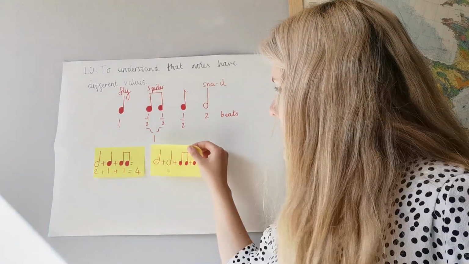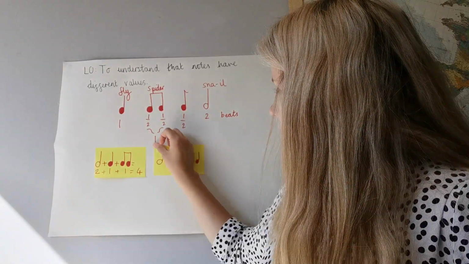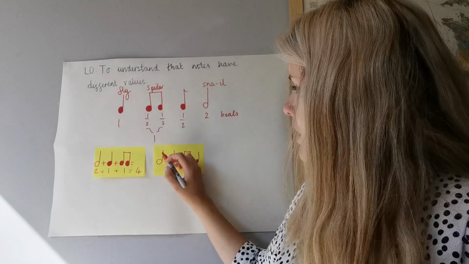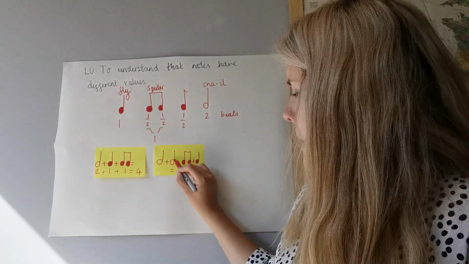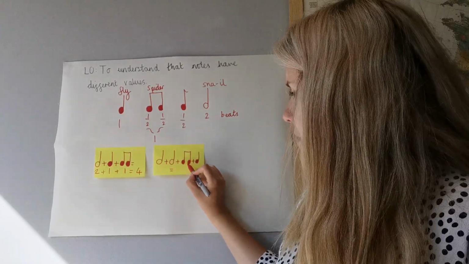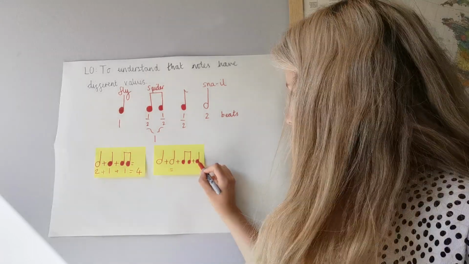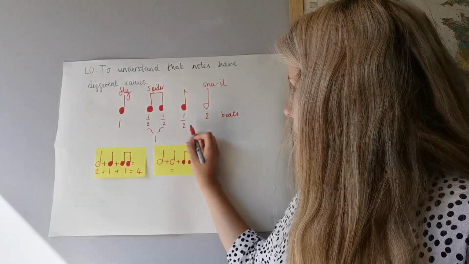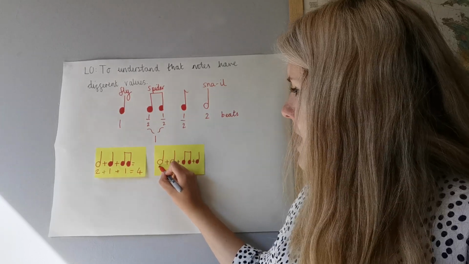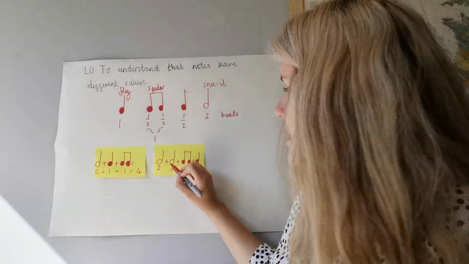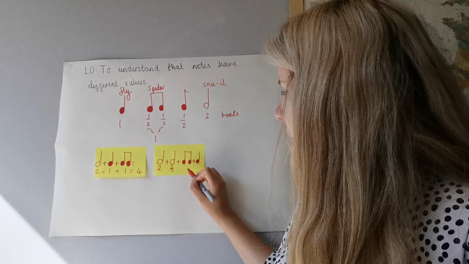Okay, I've got another one here. I've got a minim here, 2 quavers and 1 crotchet. So looking at this here, that's my snail, so it's going to be worth 2 beats. That's the same, so that's 2 beats.